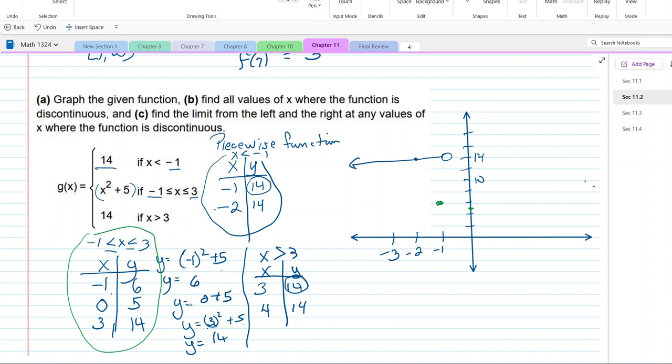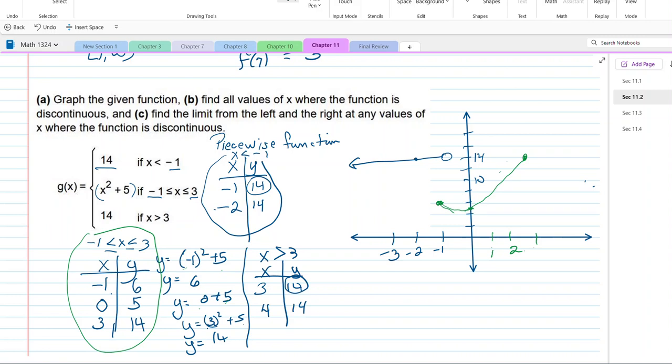Oh, it's a parabola. Sorry about that, class. So what did I do? And it is a solid dot. So we're going like this. Okay, continuous through the whole thing.